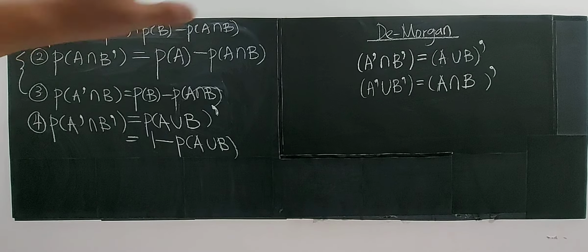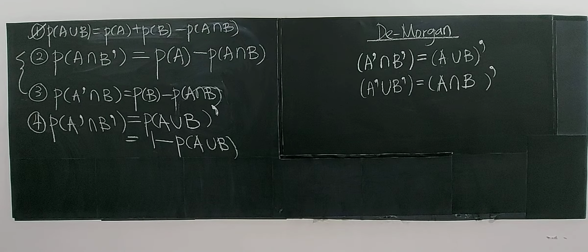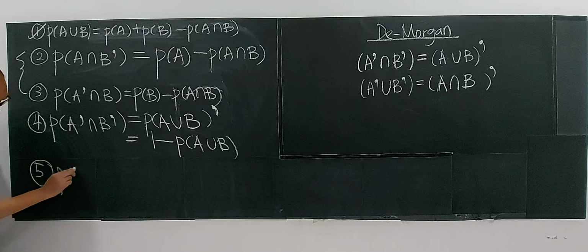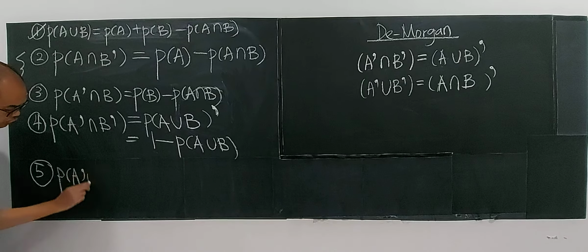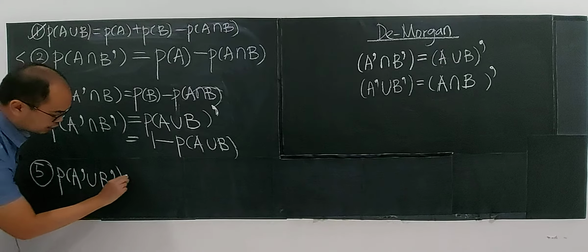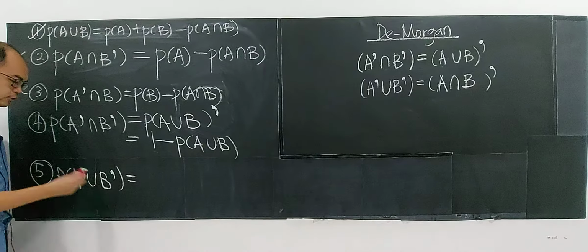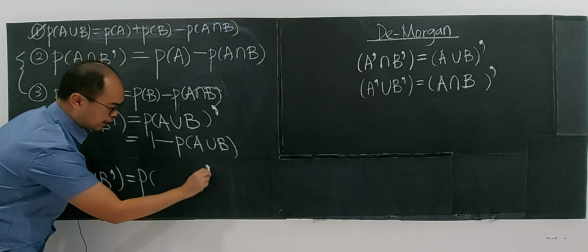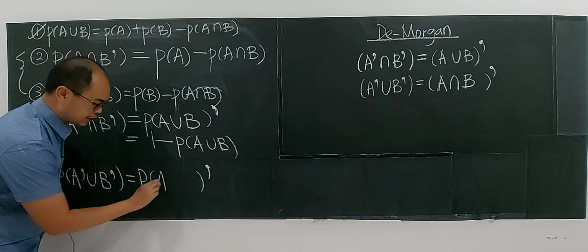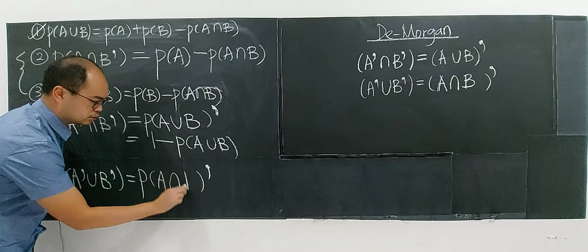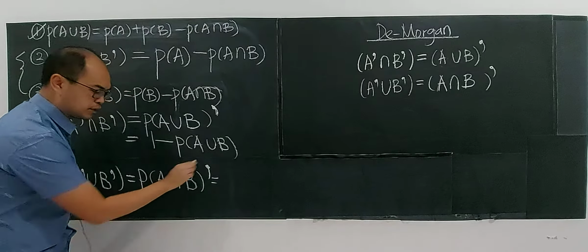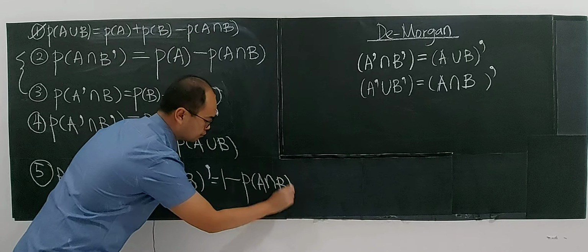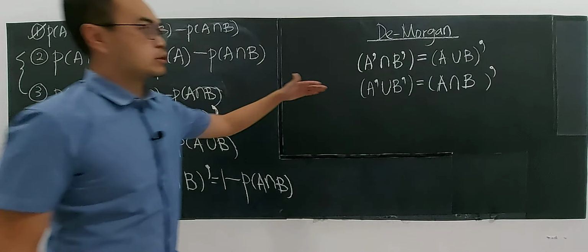So by applying De Morgan rules, for example, if I have the probability of A prime union with B prime, I can also use the De Morgan rule, where I can rewrite this with a prime outside, and for A prime I write A, and union converts to intersection with B. And this is the same as the complement of A intersecting B, which is 1 minus the probability of A intersecting with B. So I just introduced the De Morgan rule here.